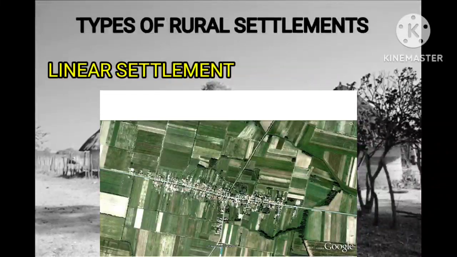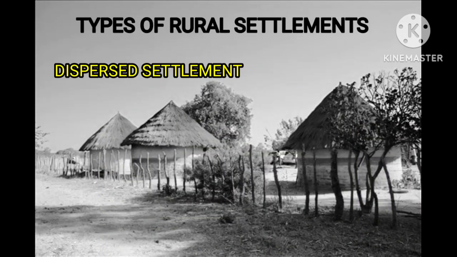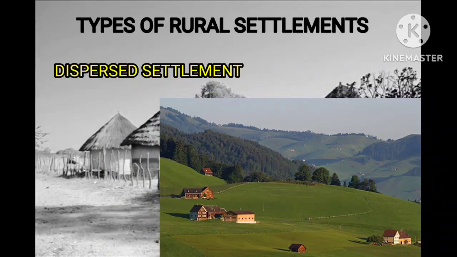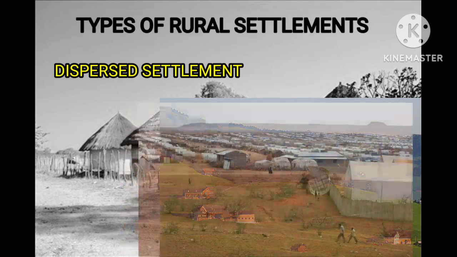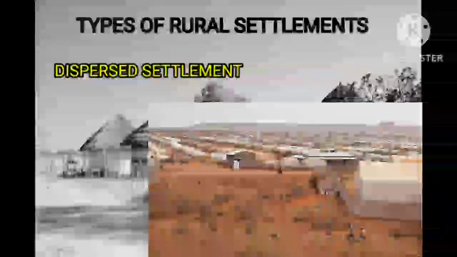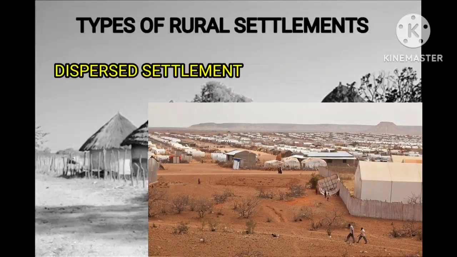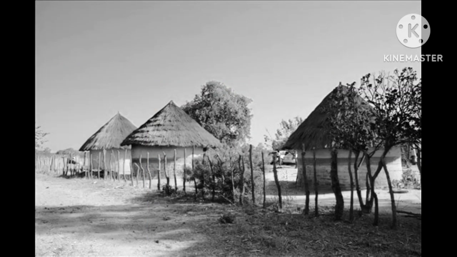And lastly, scattered settlement is found where the facilities are very few. Generally the hostile climatic regions, the mountainous and hilly regions and desert regions are associated with scattered or dispersed settlement.